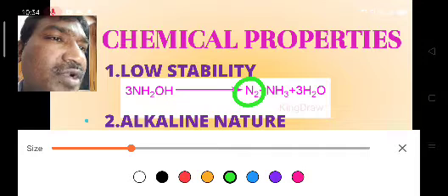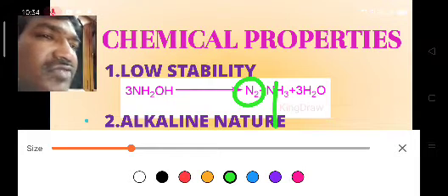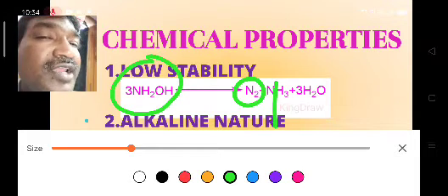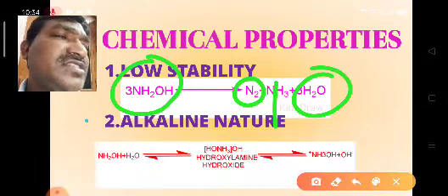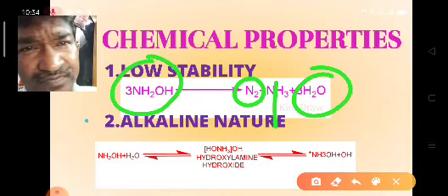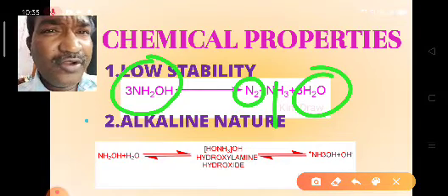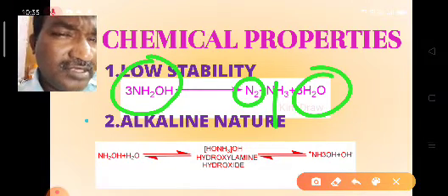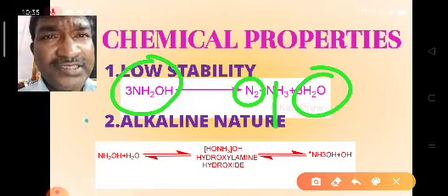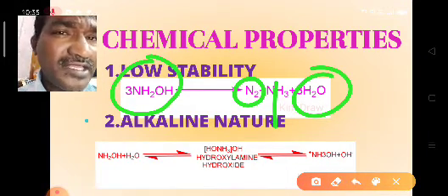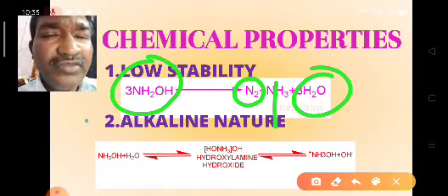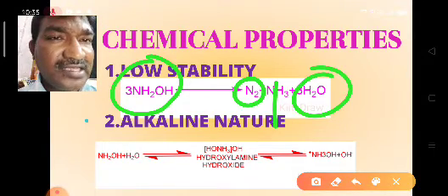So, we have two nitrogen and one nitrogen. So, here we have to take 3NH2OH, and as a result, we get 3H2O. So, it is very easy. We just have to remember the products. We get nitrogen gas, whose formula is N2, and the formula of hydroxylamine is NH2OH. Like that, we can easily balance the reaction.